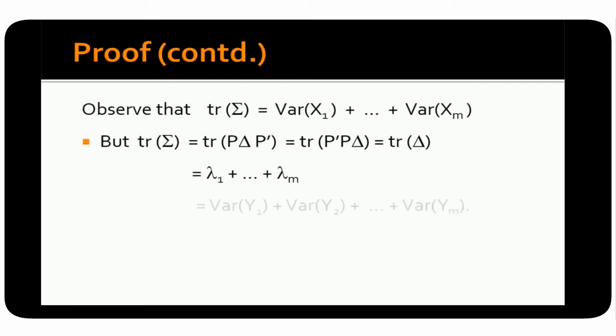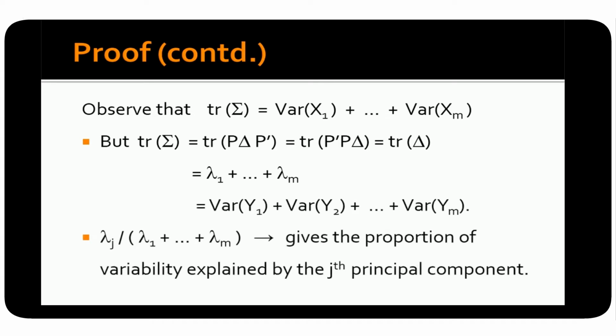Then again a standard result tells us that sigma is equal to p delta p prime. So, any positive definite matrix can be broken up into its eigenvector matrix, the diagonal eigenvalue matrix, and the transpose of the eigenvector matrix. So, that is what we have here.